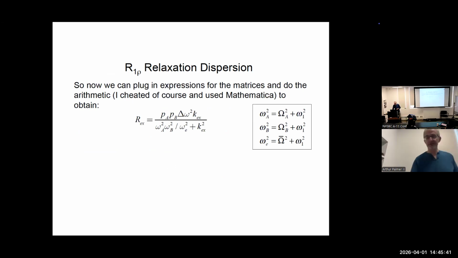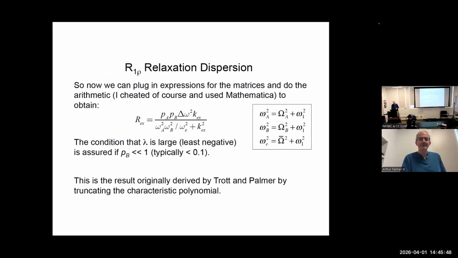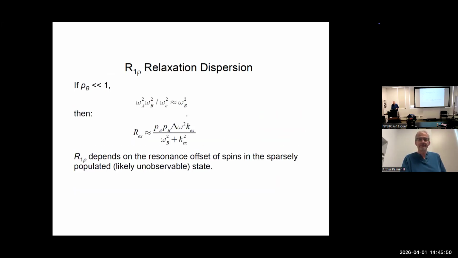And if the populations are very skewed, omega A and omega E are almost the same. And you get this simple result that says the exchange broadening doesn't depend on the shift that you see. It depends on the shift you don't see.